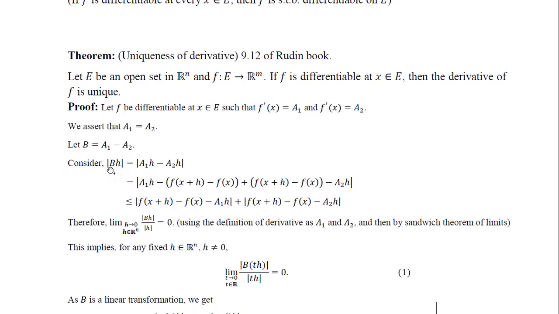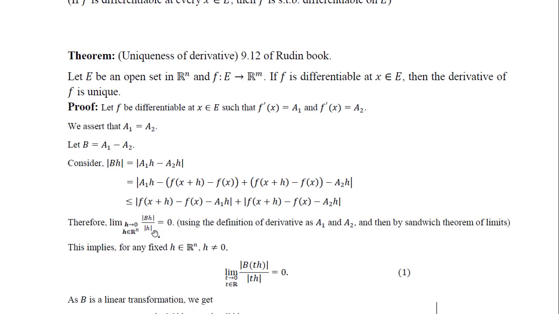So we will have to divide both sides by norm h. Now, when we are taking the limit as h tends to 0, h will be non-zero. We are assuming that it is not equal to 0, but it is coming nearer and nearer to 0, the zero of Rn. So the norm of h will never be 0, and therefore it will be positive.